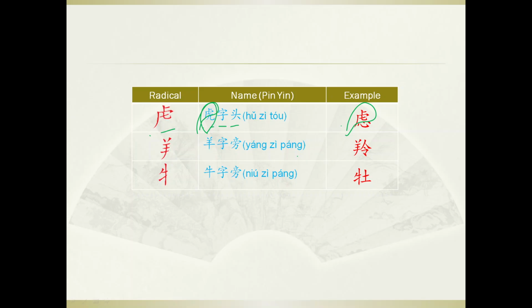Let's write it. Vertical, similar length of horizontal, starting from the middle. Longer horizontal tick, passing the bottom end of the vertical.